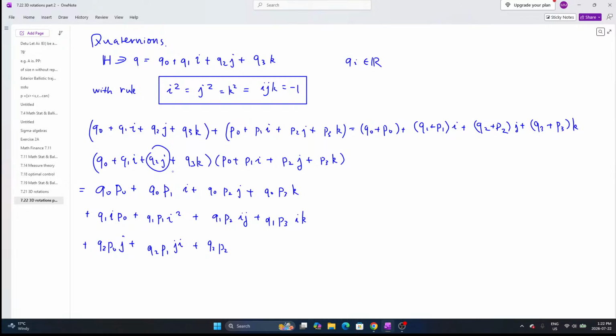Q2 P1 ji, yeah, that's nice. And then Q2 P2 j squared. Here you have Q2 P3 jk.